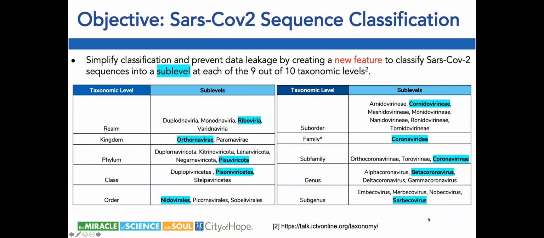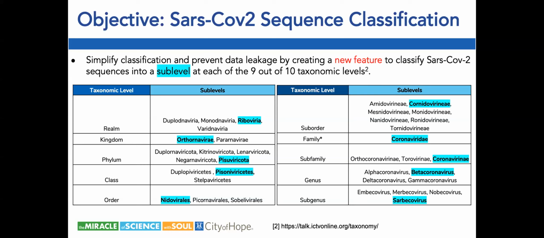So now let's talk about a little bit of application here. We are going to be trying to classify SARS-CoV-2 sequences in terms of their viral taxonomy. So within biology, organisms can be classified at different levels of taxonomy.